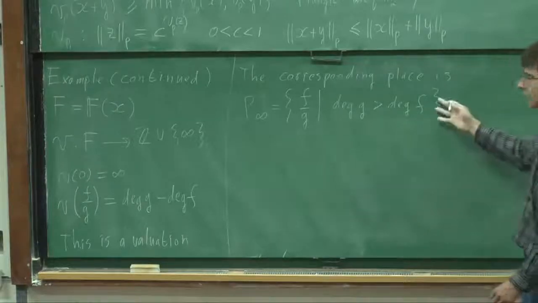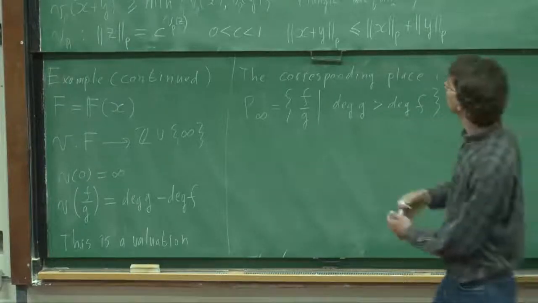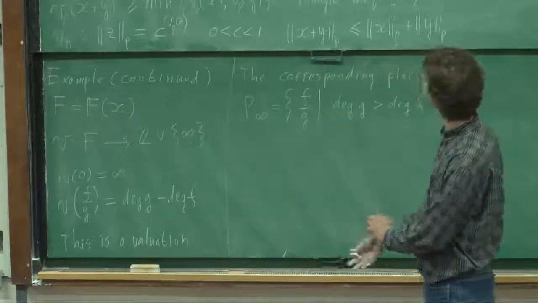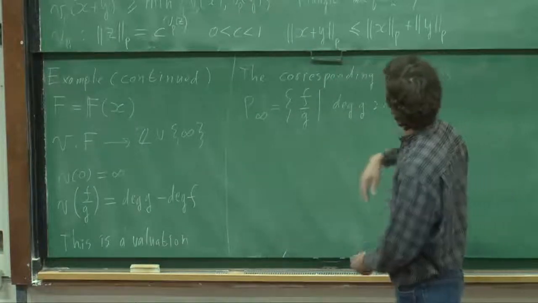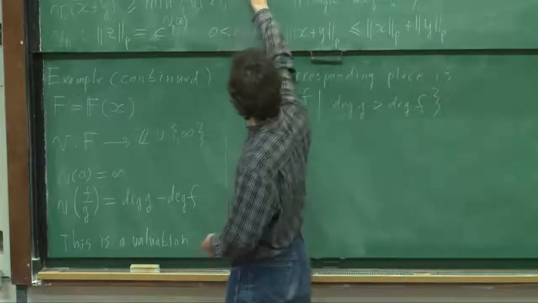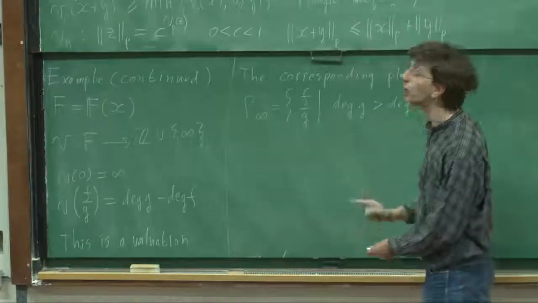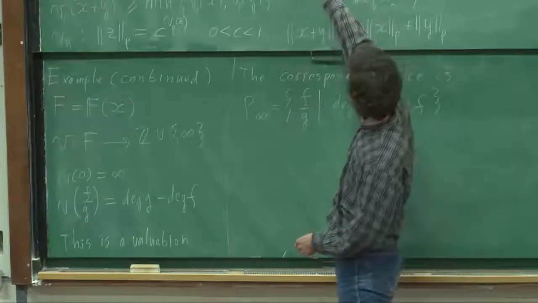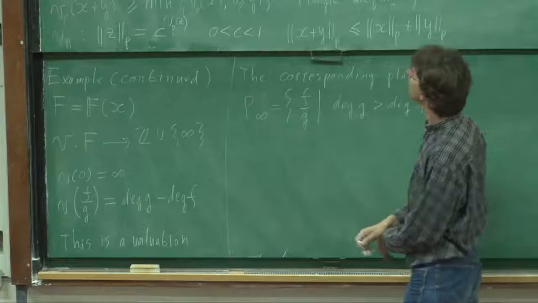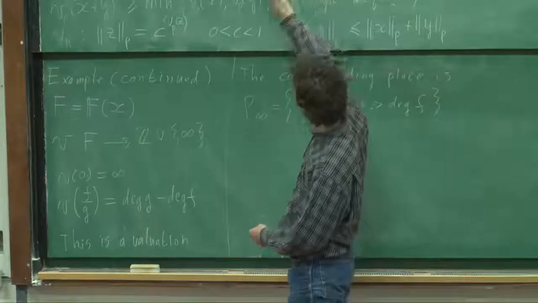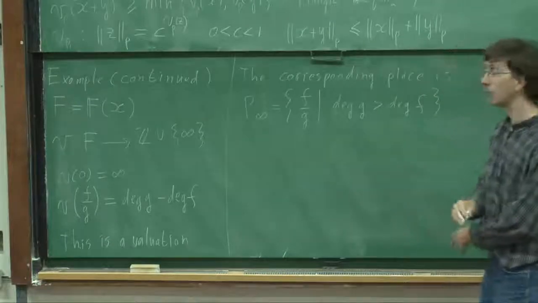So why is this a natural choice? If I want to reconstruct my place from the valuation, what I need to do is pick all z's where this exponent is at least 1. This P is just all multiples of t. So from the valuation, I can reconstruct P by choosing all elements with positive valuation.